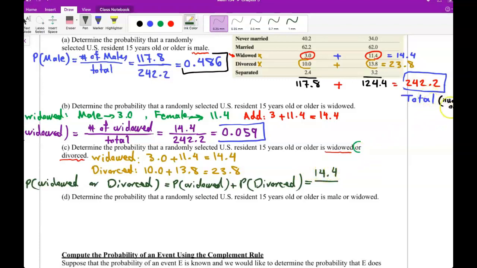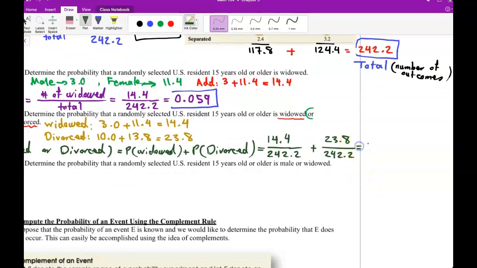And total, or in other words, number of outcomes, 242.2 plus. Now in this group, after adding these two, we have 23.8. Number of outcomes, again, 242.2. And it's equal to 38.2 divided by denominator. That is 0.158.